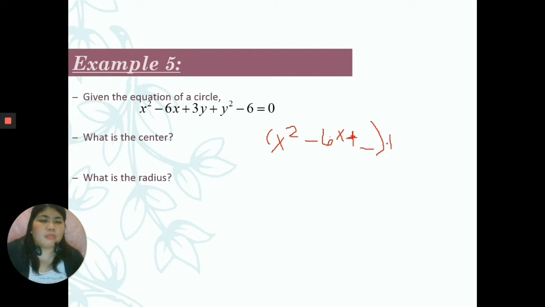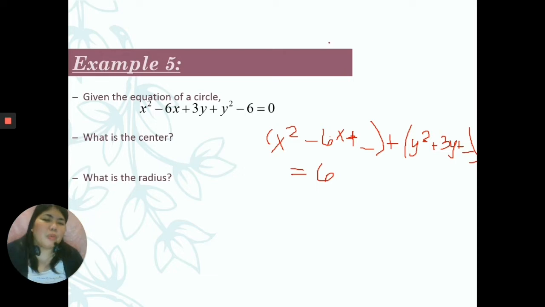Then plus, now we can arrange it in descending order. We can start with y squared plus 3y plus the missing one equals, transpose the -6 to the other side, it will become +6.